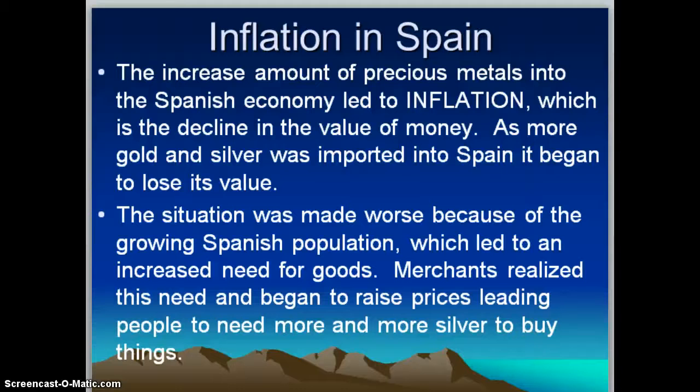As more gold and silver was imported into Spain, it began to lose its value. The situation was made worse because of the growing Spanish population, which led to an increased need for goods. So merchants realized this, and they began to raise the prices of their goods, which led to people needing more and more silver in order to buy things.